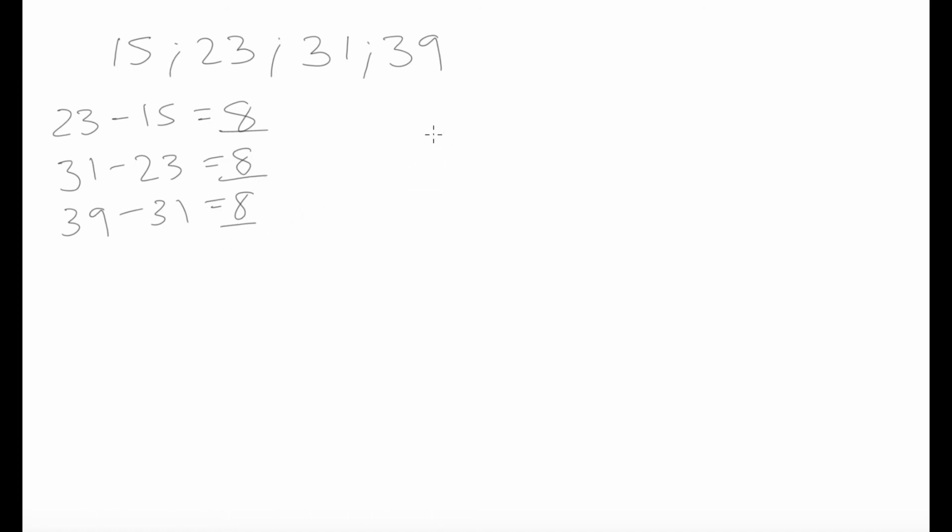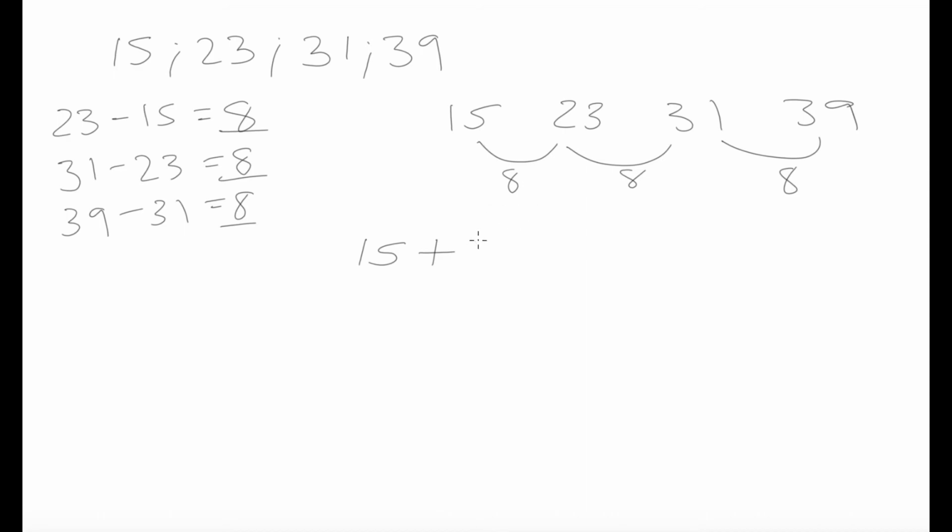And so we can write down our sequence. We can see that we're adding 8 each time. And now we can start off by writing down our first term. And we're going to be adding 8 0 times. Now for our second term, it could be described as 15 plus adding 8 one time.